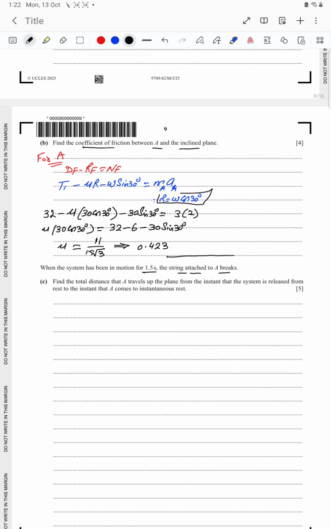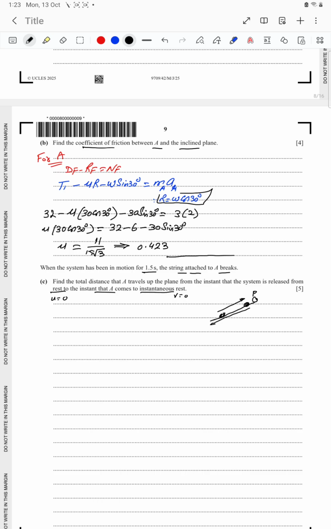The total distance that A travels up the plane, from the instant that the system is released from rest to the instant when it comes to instantaneous rest, means it goes up to near the pulley and then back down again. We need to calculate this distance before it breaks and after it breaks.